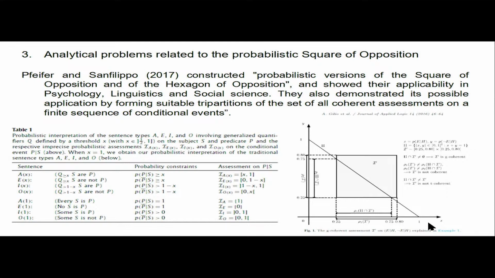Some analytical problems were also addressed by Pfeiffer and Sanfilippo. They constructed probabilistic versions of the square of opposition and showed that it is applicable in psychology, linguistics, and social science.